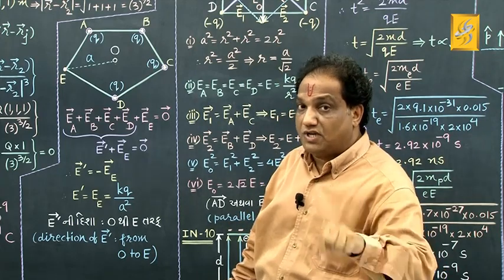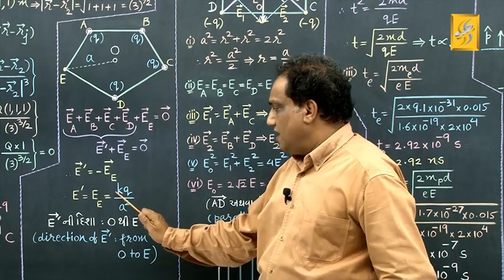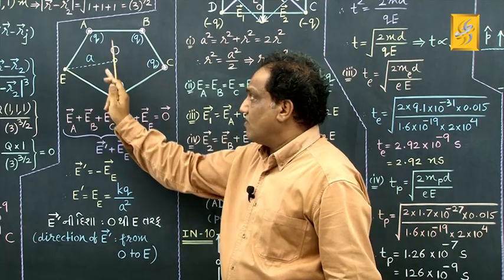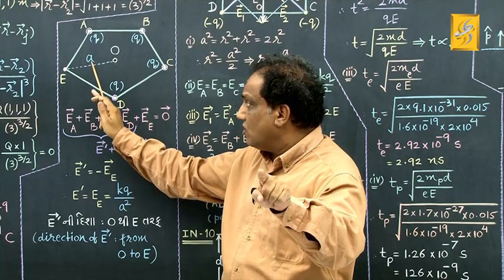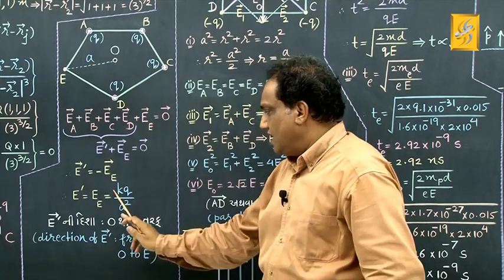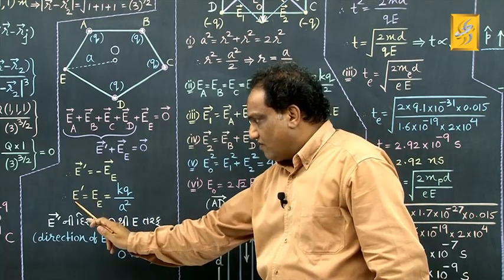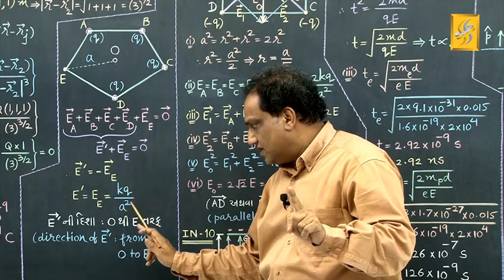K into charge upon distance square. The distance of each vertex from the centroid is the same, which they have given in the statement as small a. So K into charge upon distance square. Correct. So the magnitude of the required electric field, which is E dash, is right now KQ upon a square.